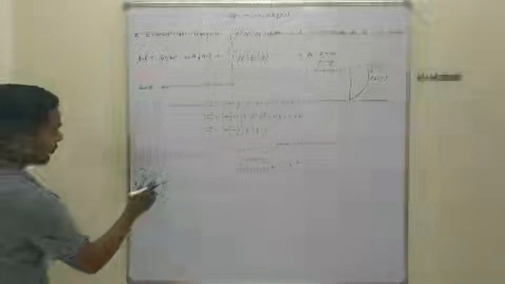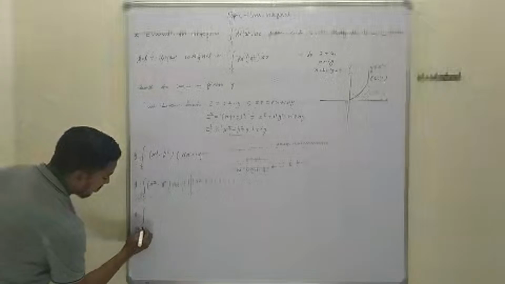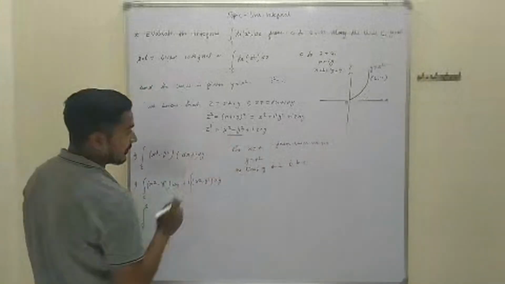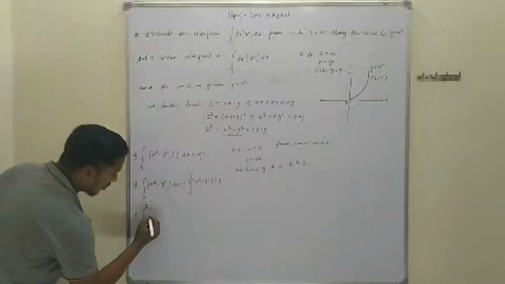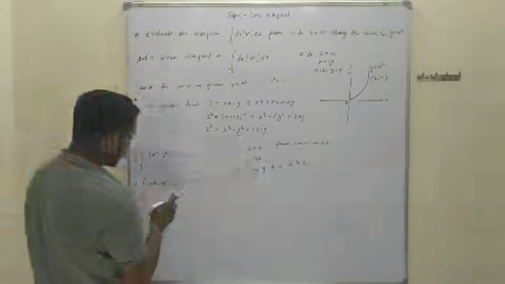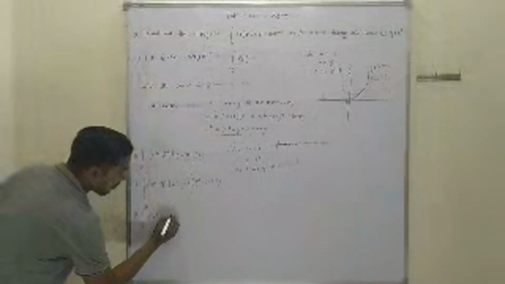Putting this in, the integral becomes the integral with limits 0 to 2, and in place of x we let t, so x squared gives t squared, minus y squared. Since y equals t squared, y squared becomes t to the power 4.